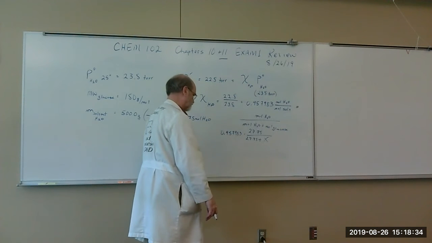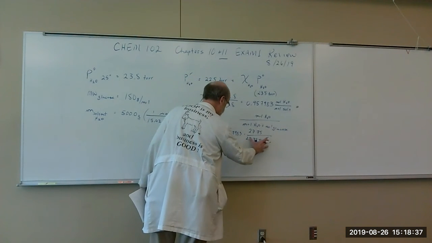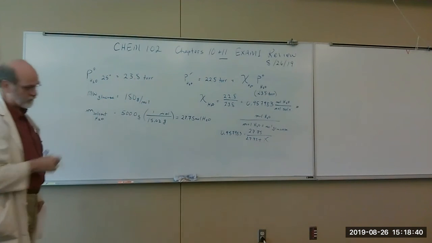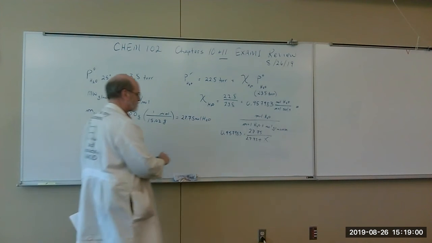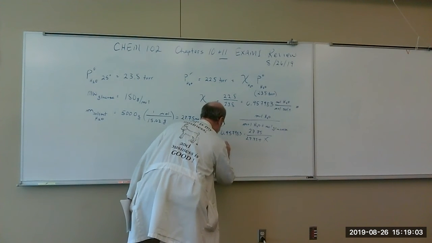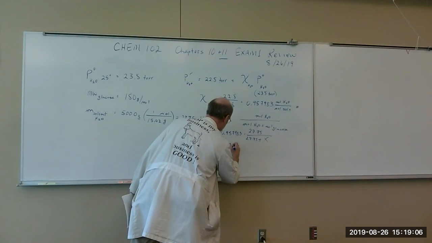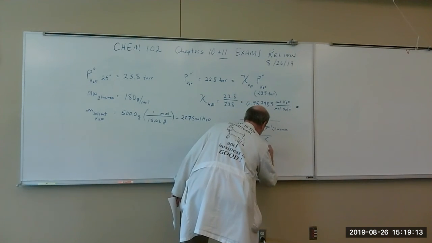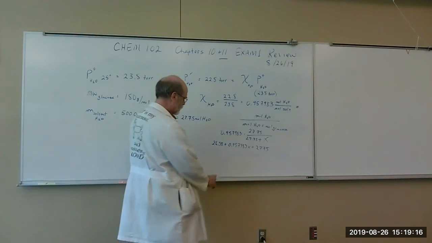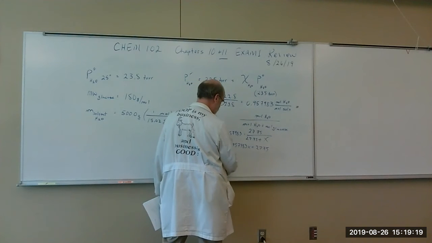So now if we solve that, we have to multiply this expression times that, so 27.75 times 0.95793 is 26.58. 26.58, these two, and then plus 0.95793x equals 27.75. Okay?